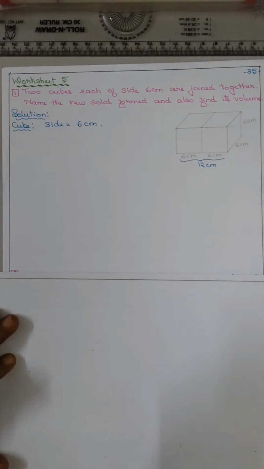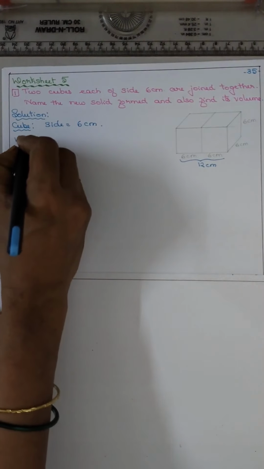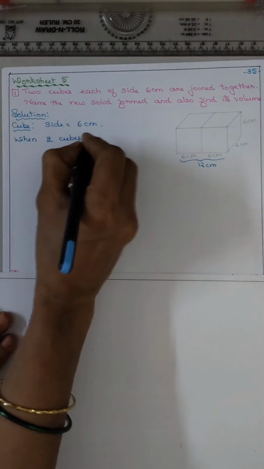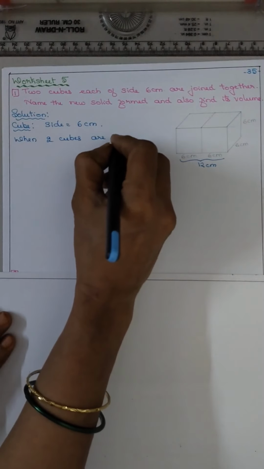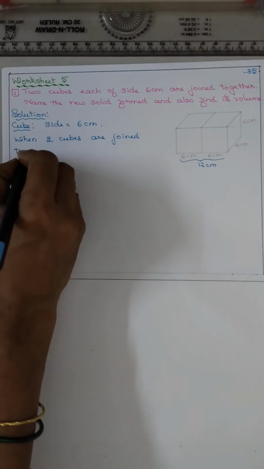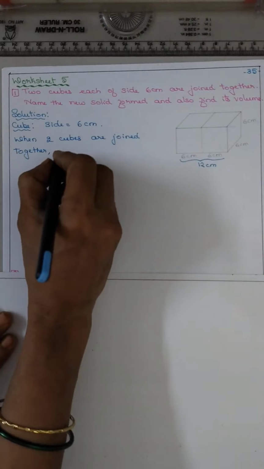Now they have asked when two cubes are joined together. So you write when two cubes are joined together, name the solid formed.